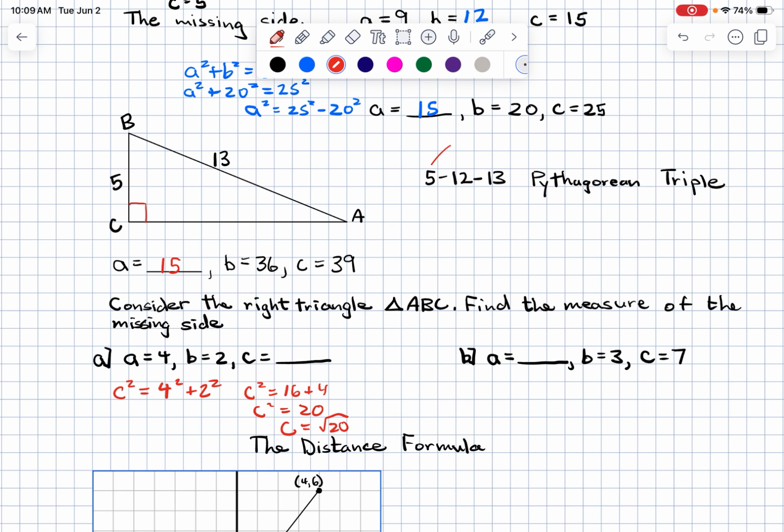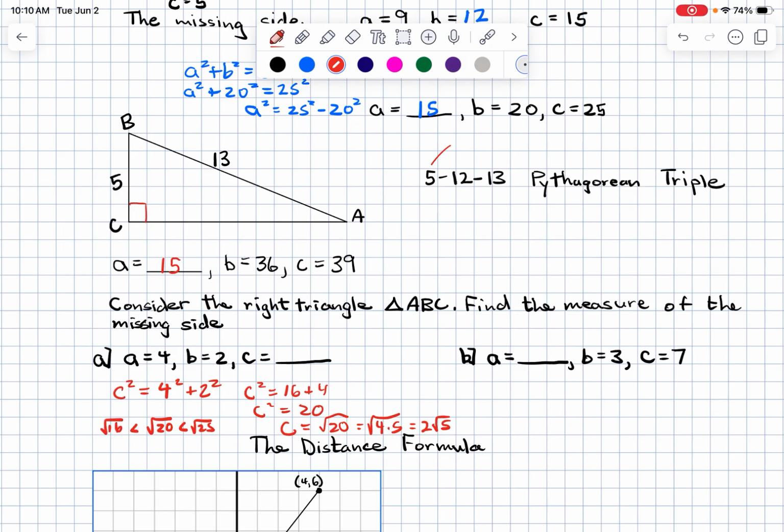That radical can be simplified. But I often prefer to just leave it like that, because, for example, I could write 20 as 4 times 5, and then I would get 2 square roots of 5. But the question is, well, what is that equal to? It's kind of hard to estimate what that is, but if you leave it as the square root of 20, you could say, well, that's less than the square root of 25, and that's greater than the square root of 16.